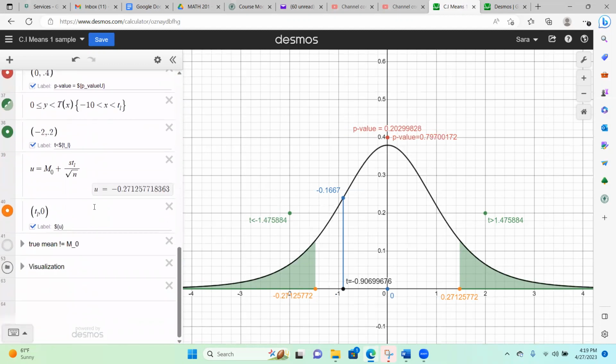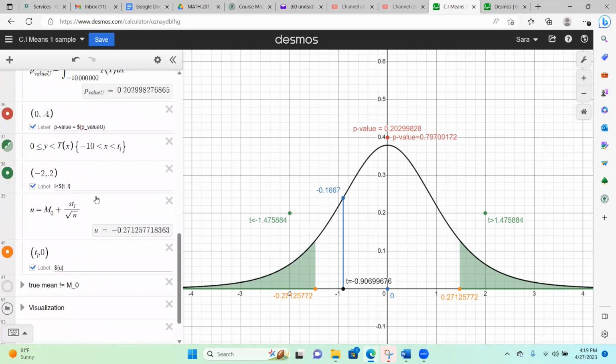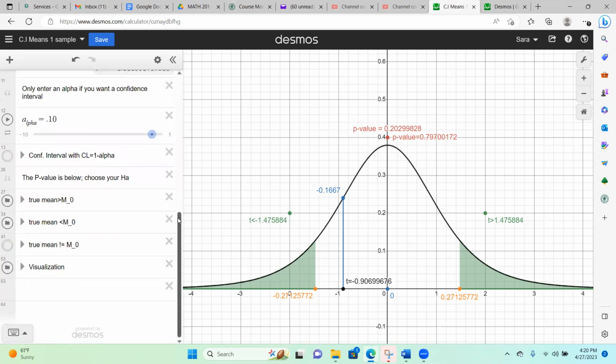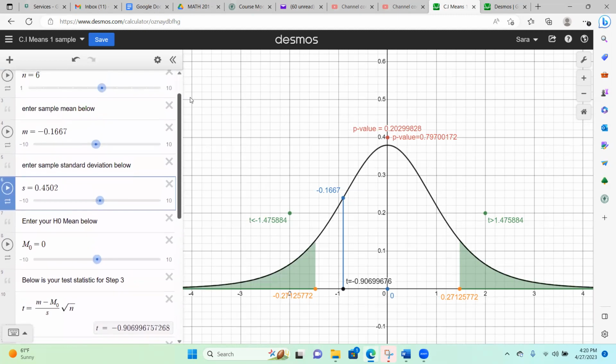And our p-value this time is a 0.202, negative, I'm sorry, 0.203 basically when we round appropriately. Make sure I typed everything in okay up here.